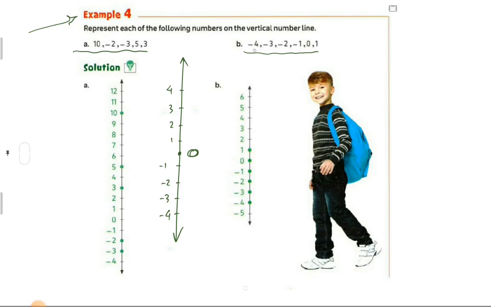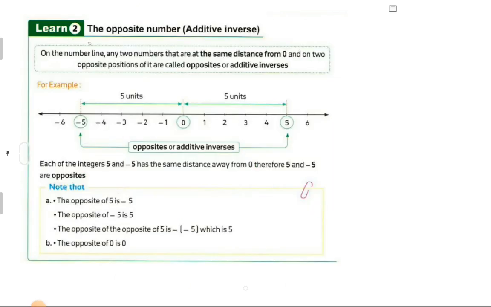We need to put the minus sign here: -4, -3, -2, -1, 0, 1. It's okay.